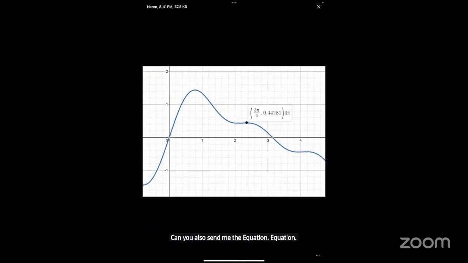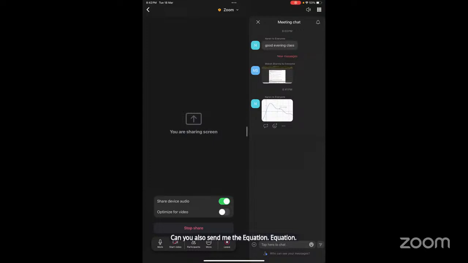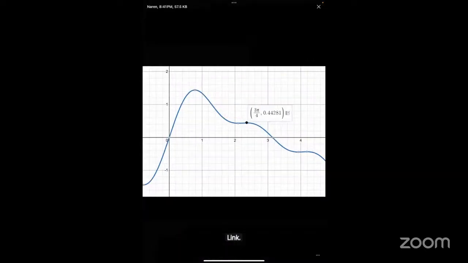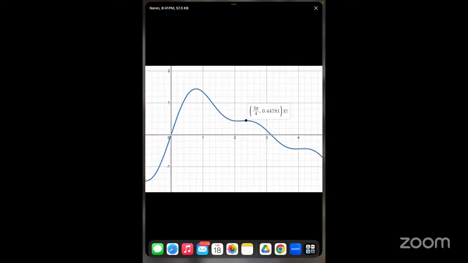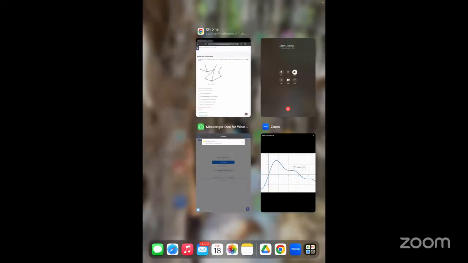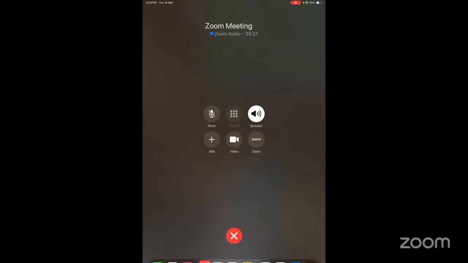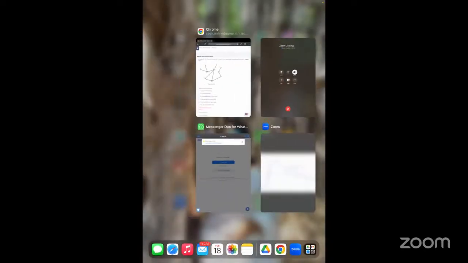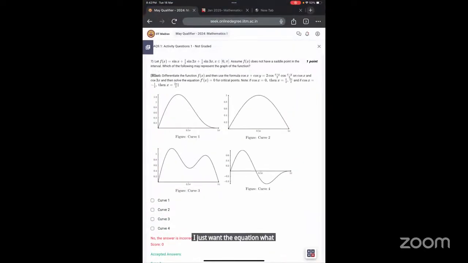The equation, I just want the equation that you wrote.